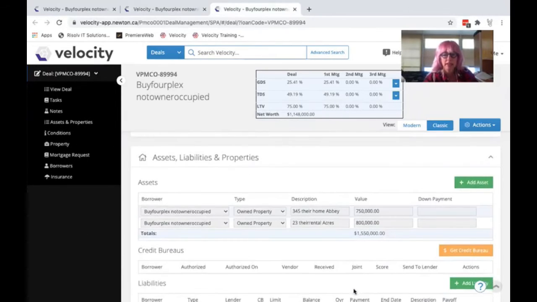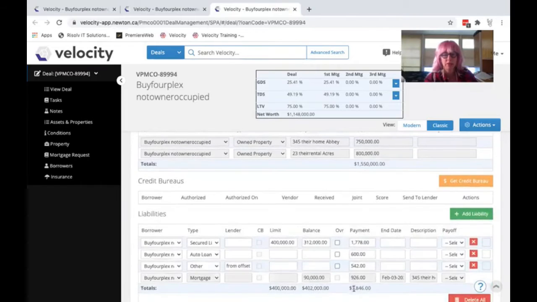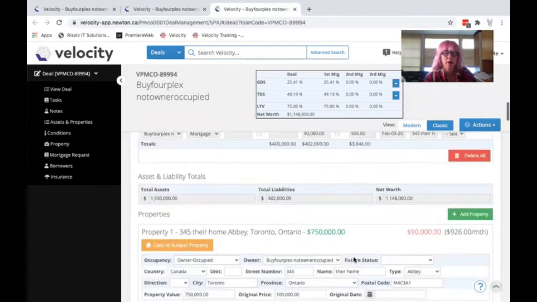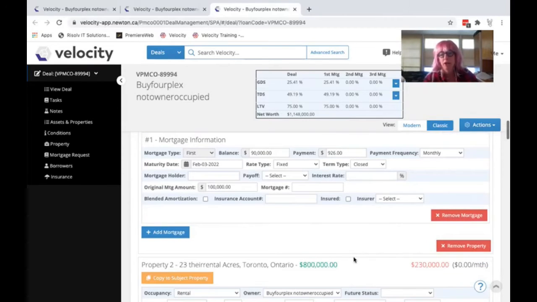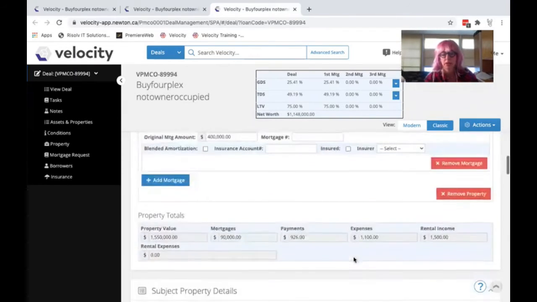And in this case, they will use 90% of the rental income on the subject property, the rental property that they're buying. And they will use a worksheet for the non-subject rental, so the rental that they're not buying but that they own. What they'll do is they'll take all of the income from that property, the rental income, and then just deduct out the expenses. And so then you either have a surplus or a deficit that you add to the ratios.